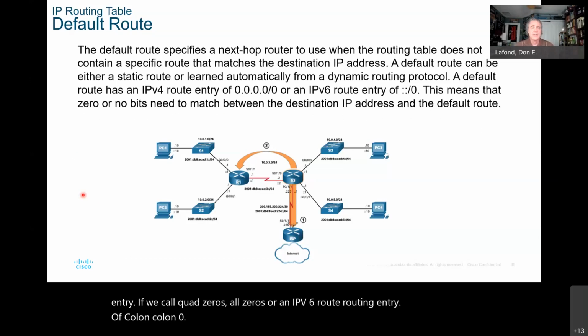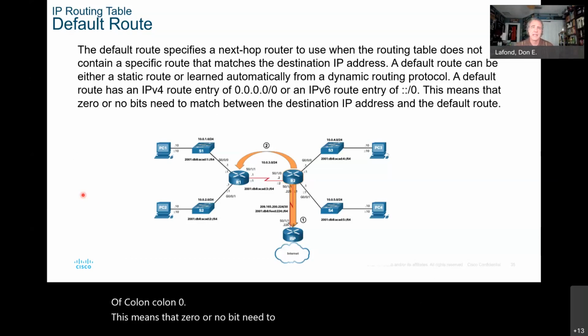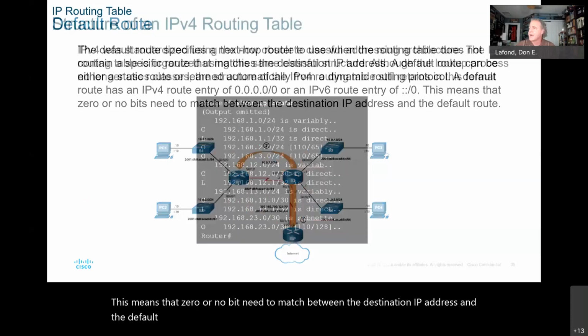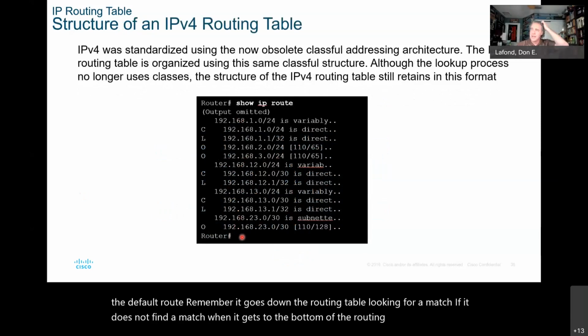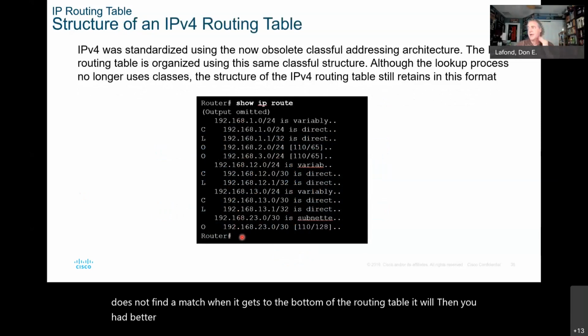This means that 0 or no bits need to match between the destination IP address and the default route. Remember, it goes down the routing table looking for a match. If it does not find a match, when it gets to the bottom of the routing table, you had better have quad zeros down there, otherwise it will drop the packet.